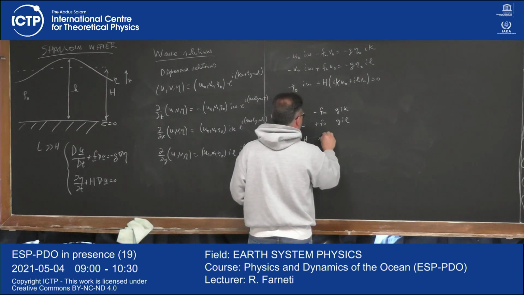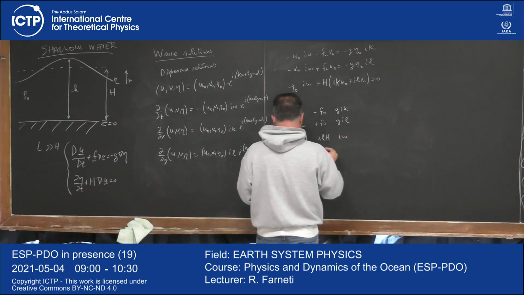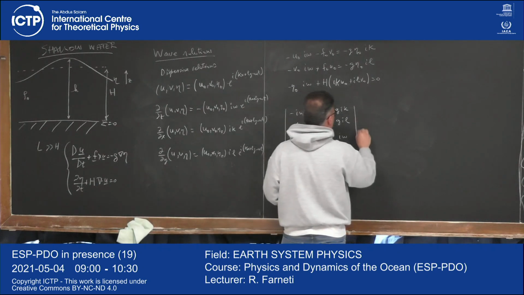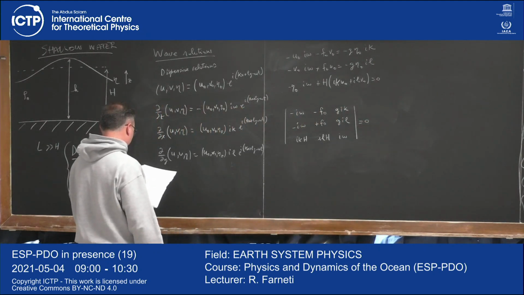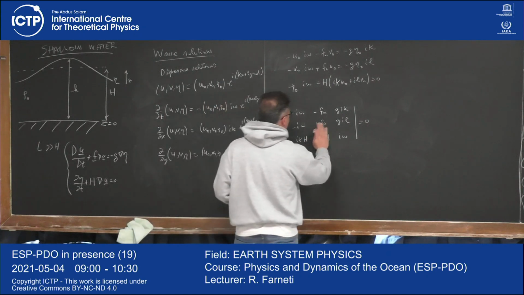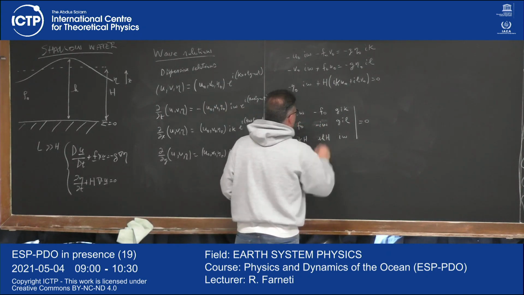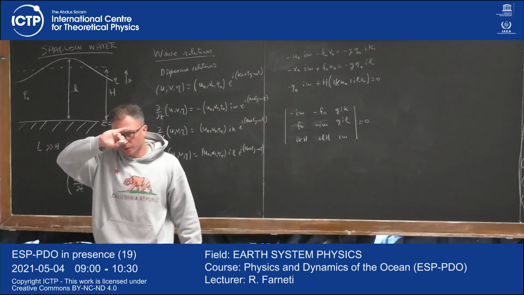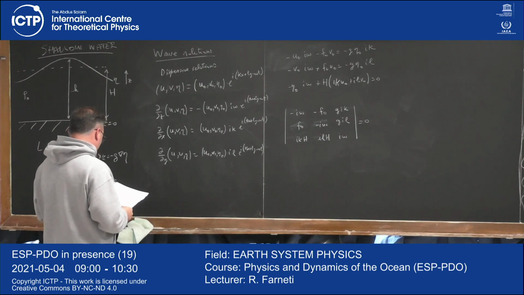So the determinant of this is to be 0. And so there is a mistake here as well. Okay, u, v, eta, and so the determinant of that has to be equal to 0.